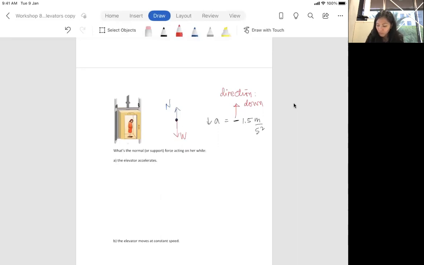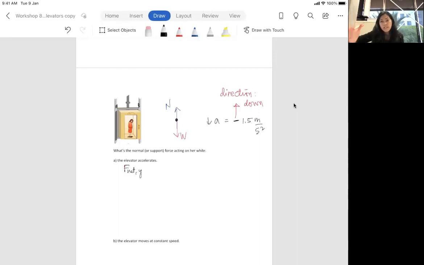What's the normal force or the support force acting on the woman as the elevator accelerates, as the elevator is going down, right? So you write down Newton's second law of motion, net force along the y.